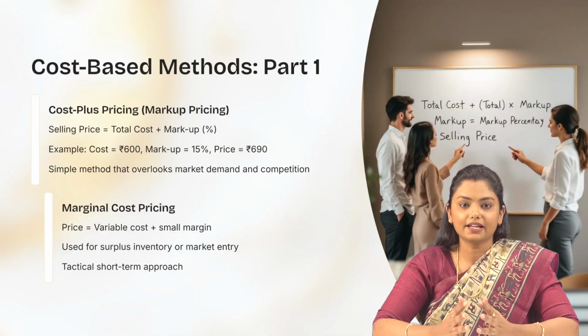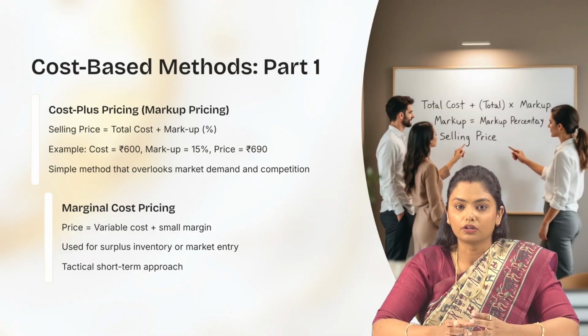Under the cost-based approach, the most common method is cost plus pricing, which is also known as markup pricing. Here, a company calculates the total cost to produce a product, including both fixed and variable cost, and then adds a fixed percentage or a markup to arrive at the selling price. Let's take an example.